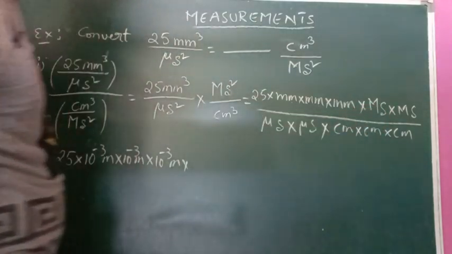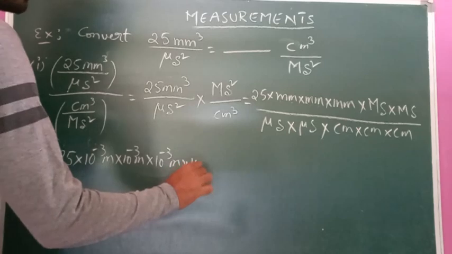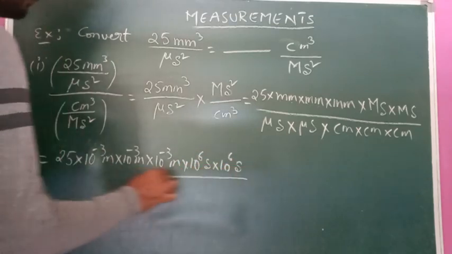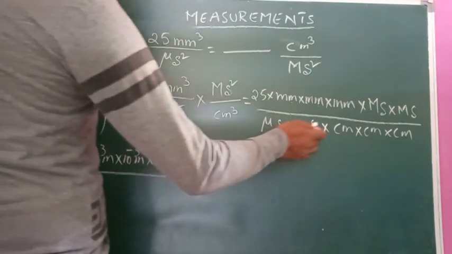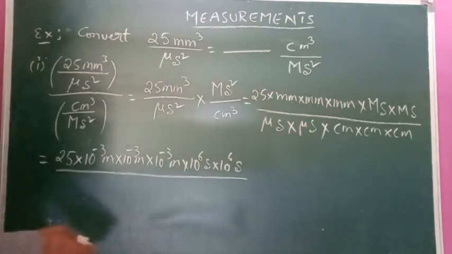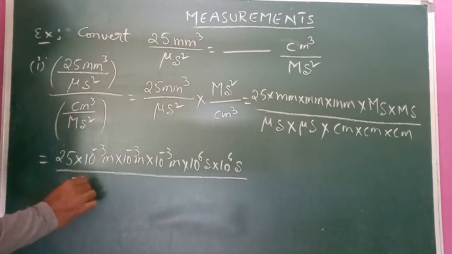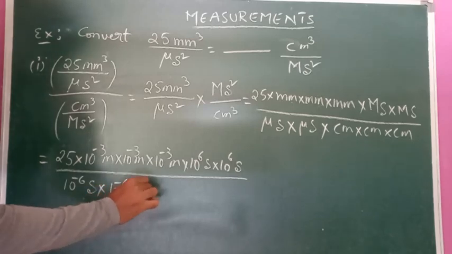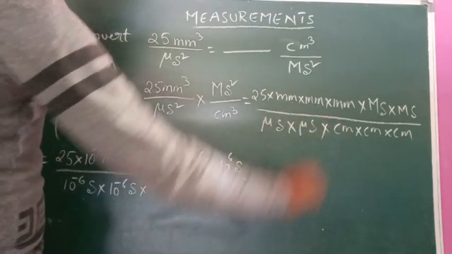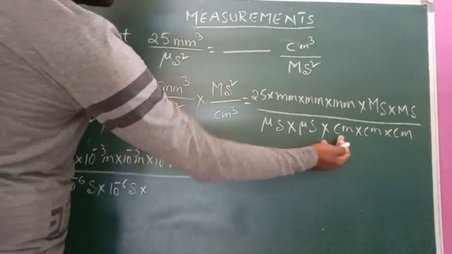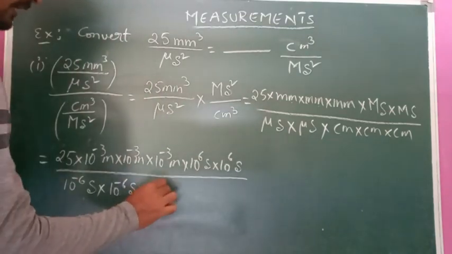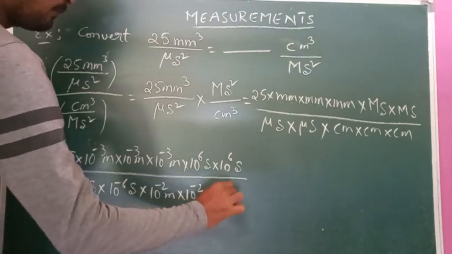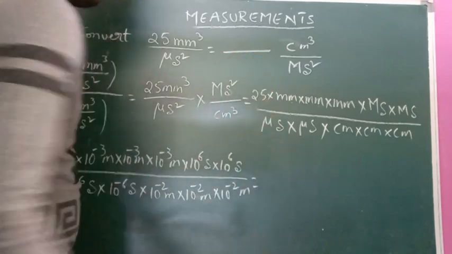The value of mega is 10 power 6: 10 power 6 second into 10 power 6 second by microsecond. Micro value is 10 power minus 6 second into 10 power minus 6 second into centimeter cube. The value of centi is 10 power minus 2: 10 power minus 2 meter into 10 power minus 2 meter into 10 power minus 2 meter.